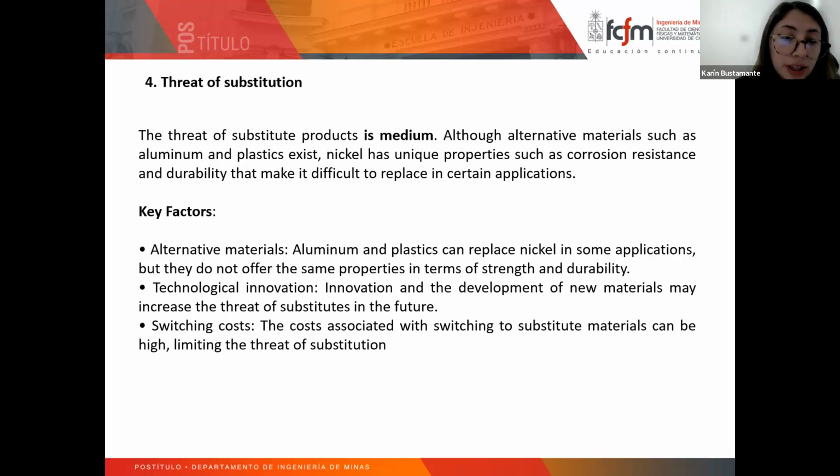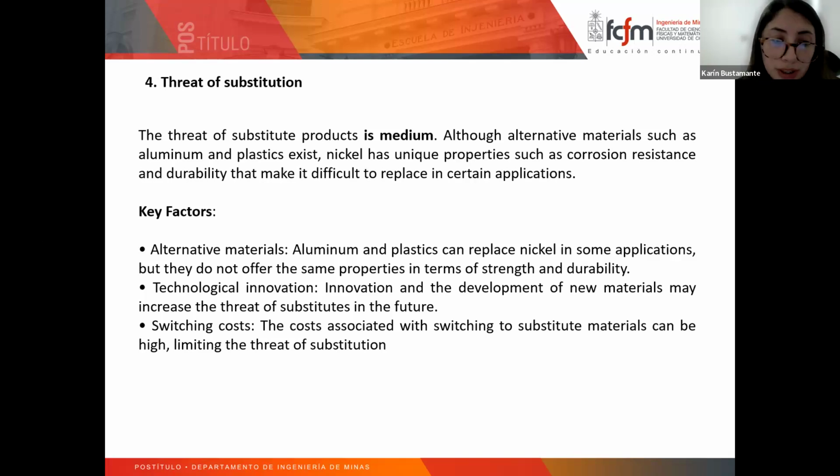Key factors: alternative materials, aluminum and plastic, can replace nickel in some applications, but they do not offer the same properties in terms of strength and durability. Technological innovation, the development of new materials, may increase the threat of substitutes in the future. And the switching cost, the cost associated with switching to substitute materials, can be high, limiting the threat of substitution.